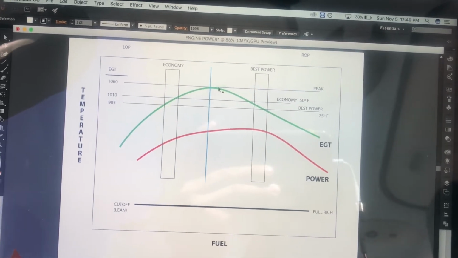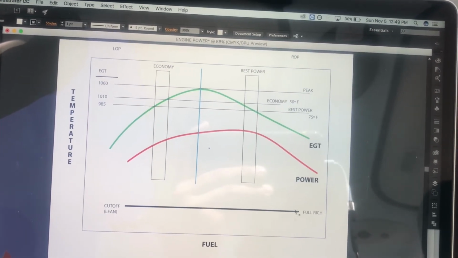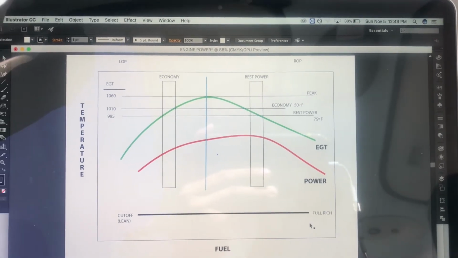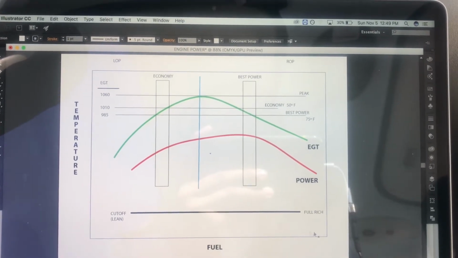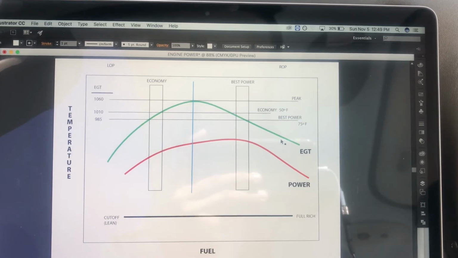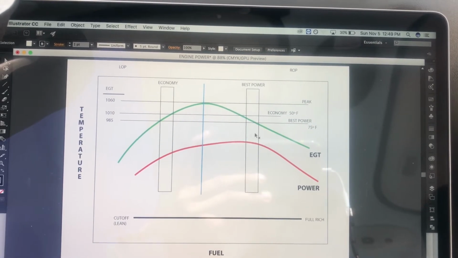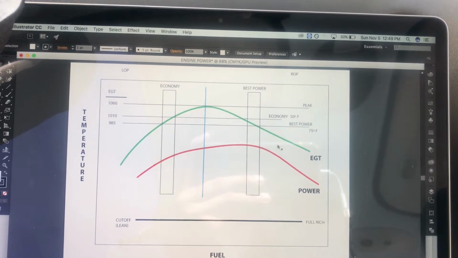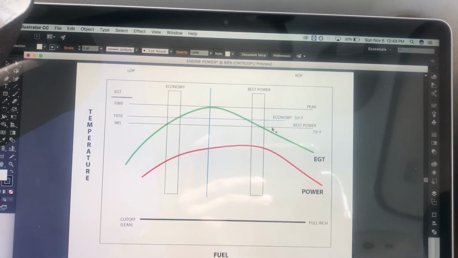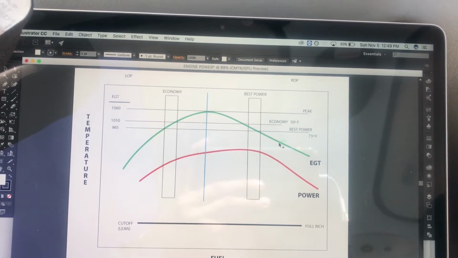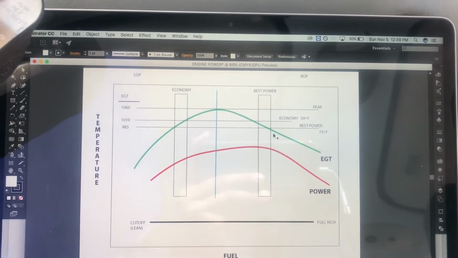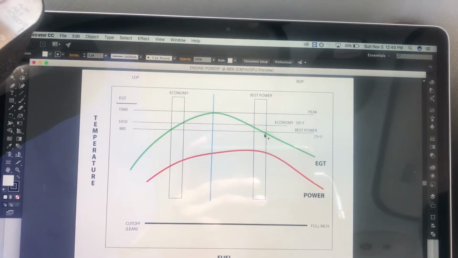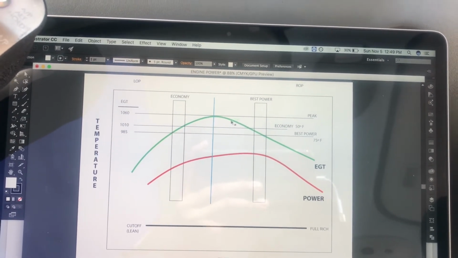And why does that rise? Because right now, for example, in a climb, we use the full rich mixture. When we start to lean that mixture, we're going to have a better explosion. And because we have a better explosion, we will have more heat. That's why the temperature rises.